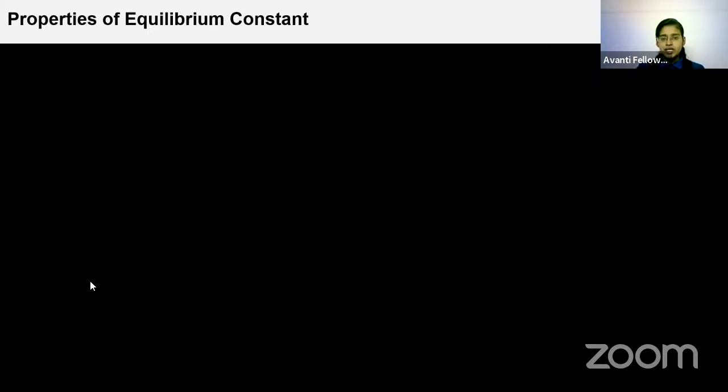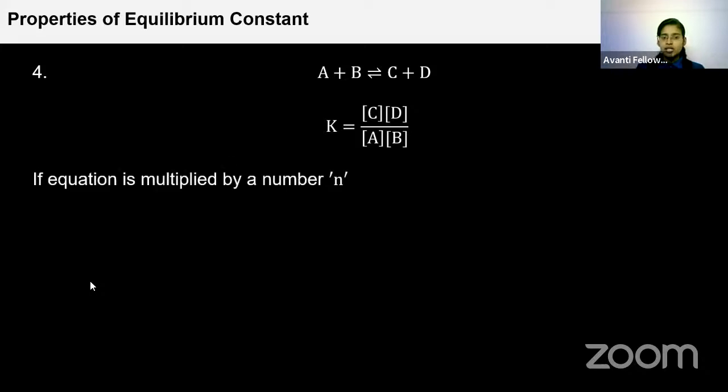The fourth property: take the same reaction, and for this reaction K will be written like this. This is not going to change. Now I'm going to multiply this equation by a number n. The n can be 2, it can be 3, it can be anything. I can multiply by any number.